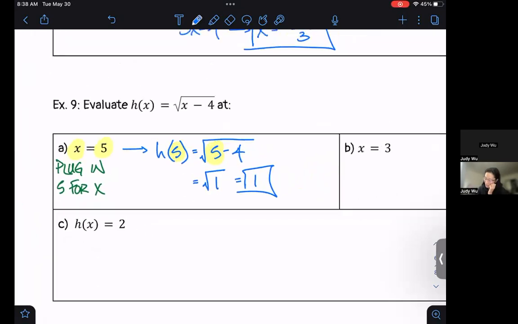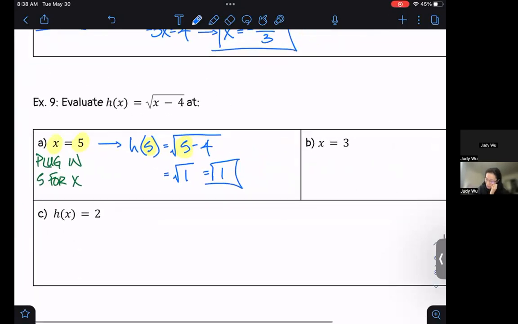All right, let's take a look at part B. It says x equals 3. Just like part A, I'm going to plug in 3 for x. The only thing that's different between part A and part B is I'm asking us to plug in a different number.